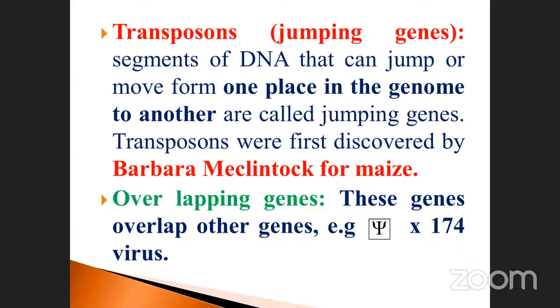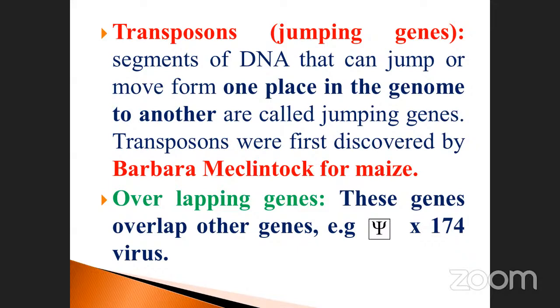Transposons were first discovered by Barbara McClintock in maize. Okay, this is very, very important. The jumping genes, or transposable genes, were first discovered by the scientist Barbara McClintock in maize. This is the correct answer, maize only. Another type is overlapping genes.